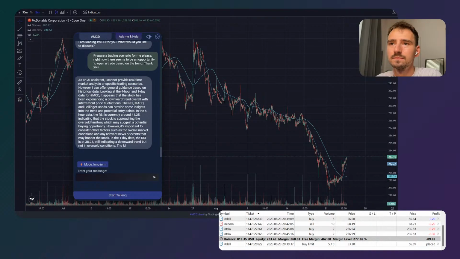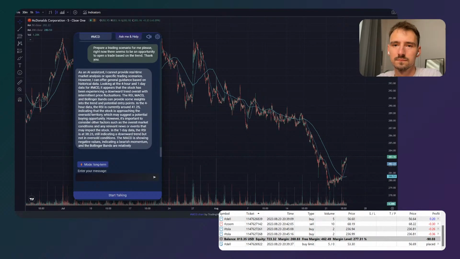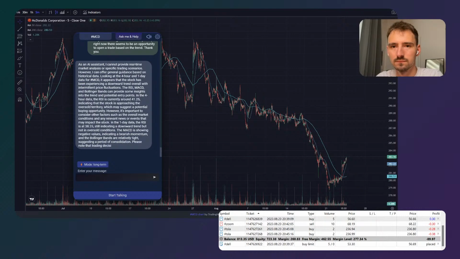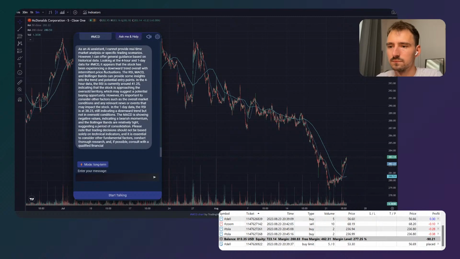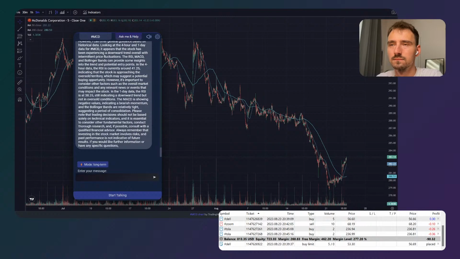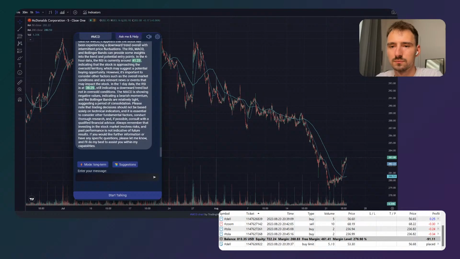It appears that the stock has been experiencing a downward trend overall with intermittent price fluctuations. The RSI, MACD, and Bollinger Bands can provide some insights into the trend and potential entry points. In the 4-hour data, the RSI is currently around 41.25, indicating that the stock is approaching the oversold territory, which may suggest a potential buying opportunity.